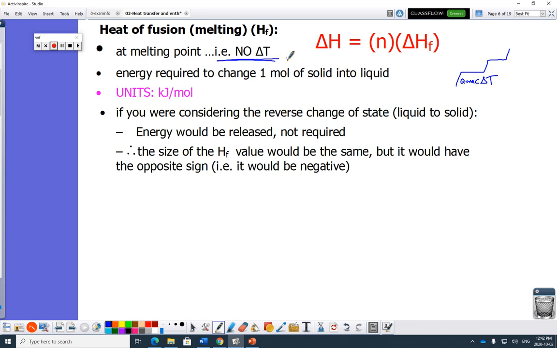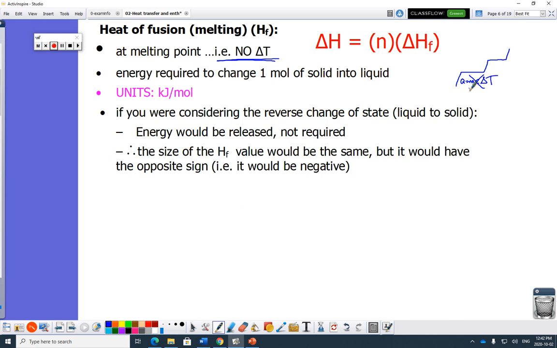So this is where we would use the molar enthalpy value when you can't do this. So in these questions, you're using the molar enthalpy for the melting point or vaporization, which is boiling point. There are two columns in the chart, one for melting, one for vaporization.